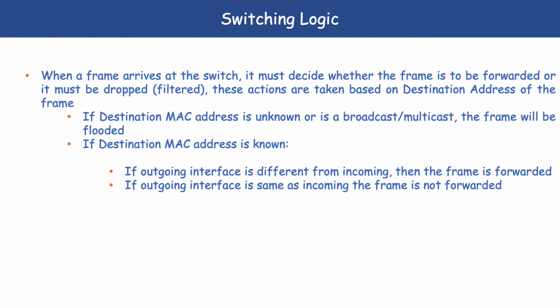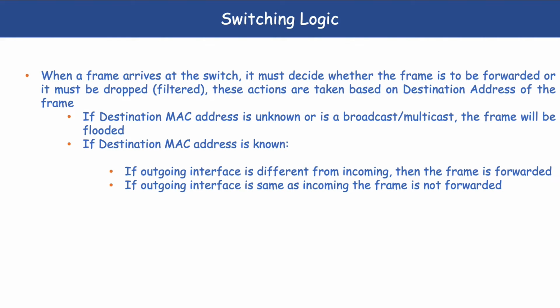That is, the frame will be forwarded to each of the interfaces of the switch, not the interface from where the frame came from. And if the destination is known, then the frame is forwarded to that particular port where the MAC address was last seen. But if the MAC address was seen at the same interface from where the frame is coming from, then it is not forwarded, it is dropped.